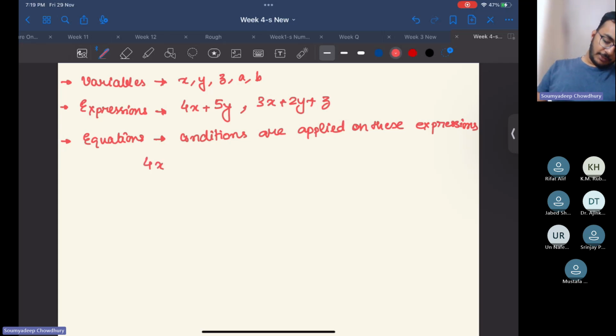Like we have the expression 4x plus 5y. When I say 4x plus 5y equals 3, I'm putting a mathematical condition on the expression, that 4x plus 5y is an expression or a function which is equal to 3. So that is an equation. Or if we put 3x plus 2y plus z equals 65, again we are putting a condition. So that gives me an equation.